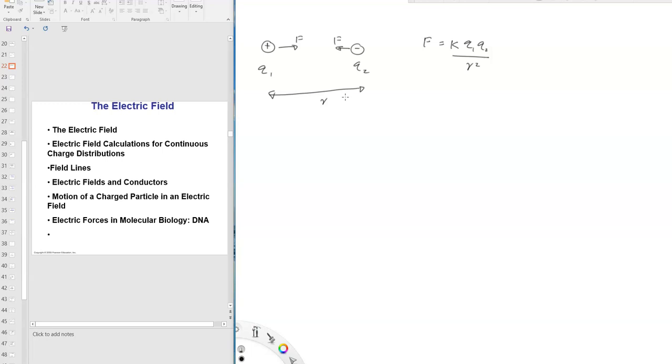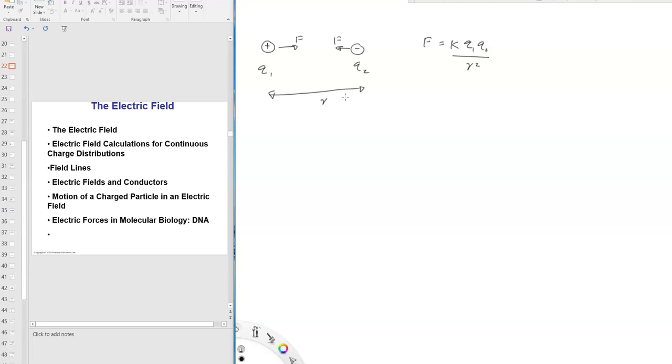So a big question that early scientists and researchers had was, okay, they figured out that there is a force between charges, and they figured out a way to calculate it, but they were not able to explain why there is a force, or how one charge can exert a force on another charge.